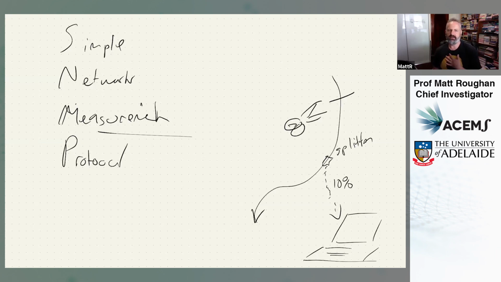I can ask the router or the switch what number it's got at any given time. And so the way we use this as a measurement protocol is we send probes to each device in the network, and we send them every, say, 5 minutes, and just ask for the value of that odometer.